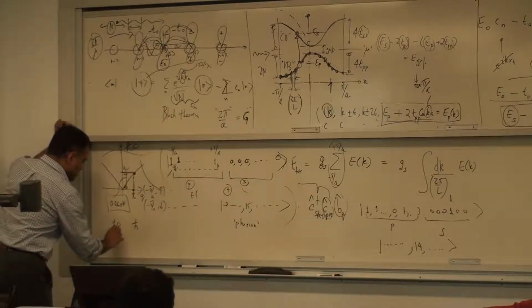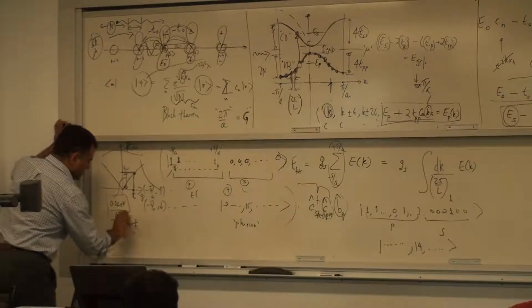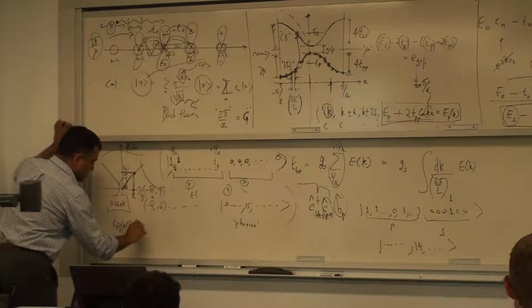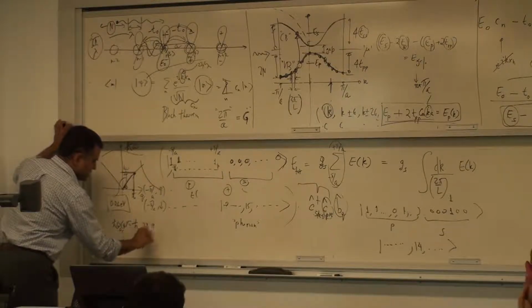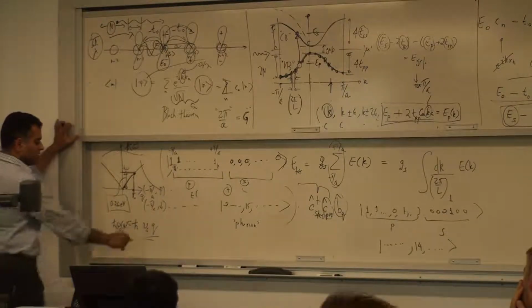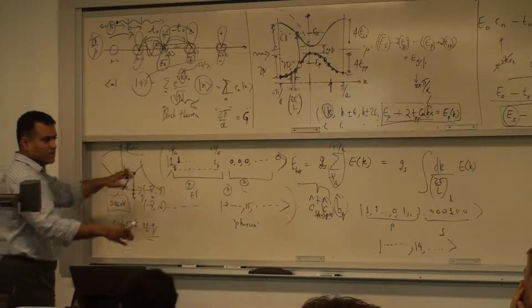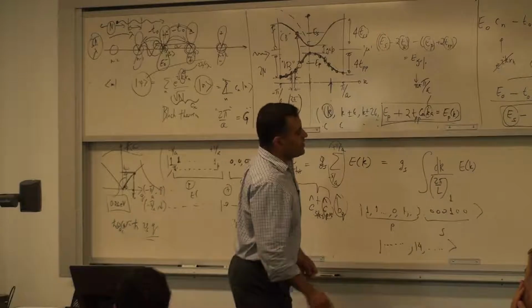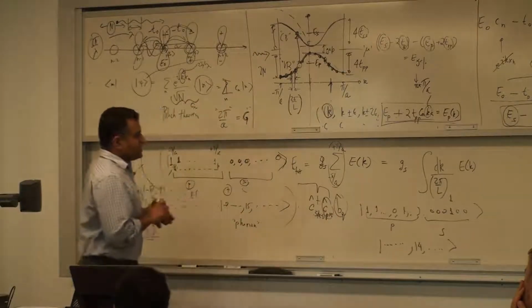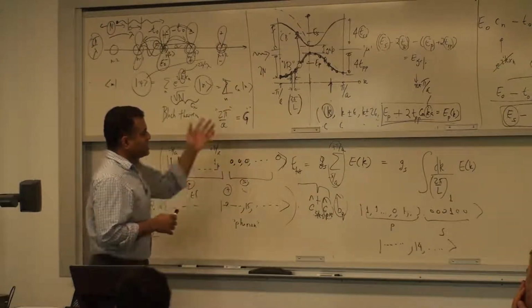Acoustic modes as a function of q are given by, for very low energies, it's related to the sound velocity. Omega is sound velocity times q. Looks like light, where instead of speed of light, it's the velocity of sound. That's the acoustic modes. So that's one picture.